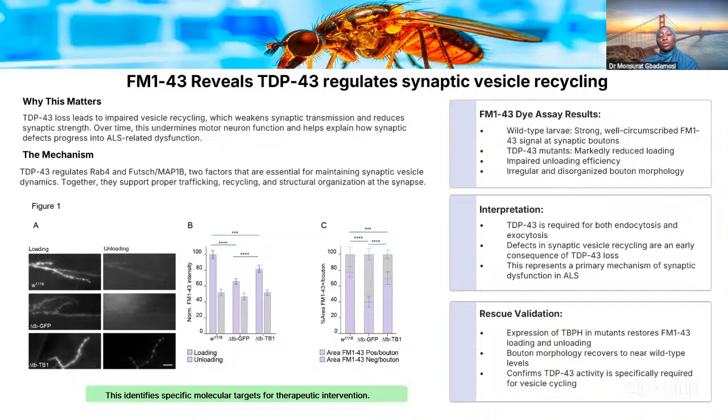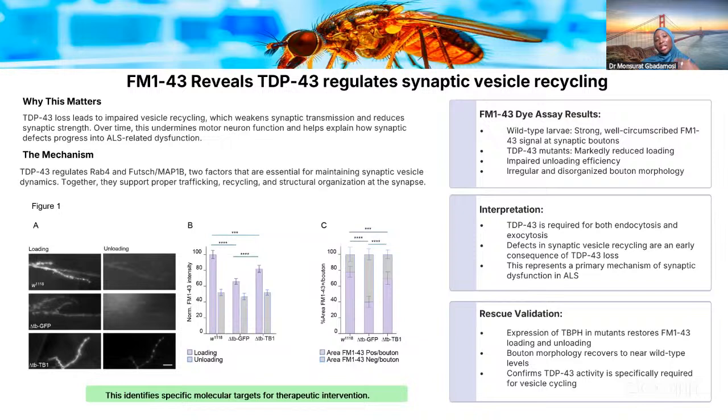But just to summarize, we checked synaptic vesicle recycling by looking at the synaptic endocytic cycle, which consists of both endocytosis and exocytosis. Endocytosis is when we load in the dye; we term that loading.